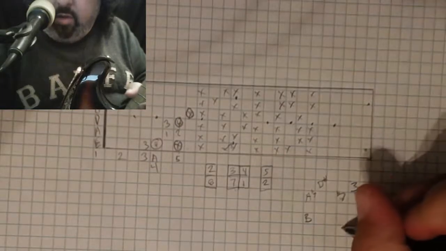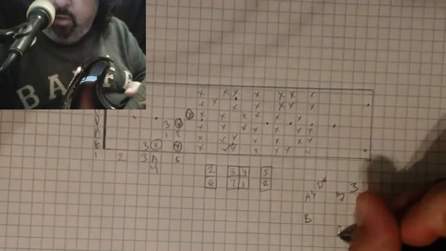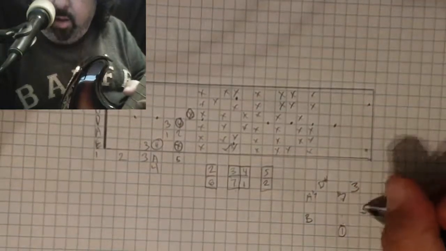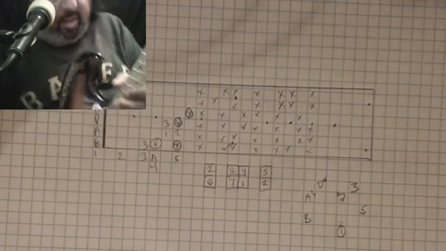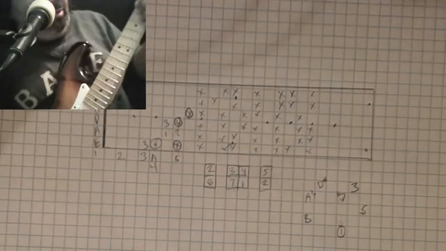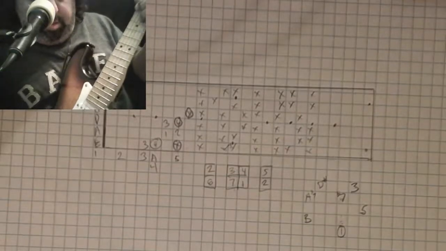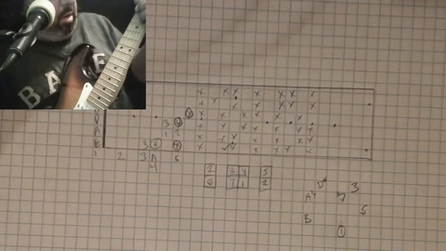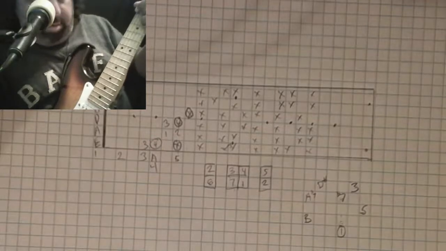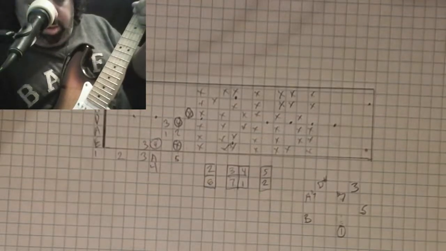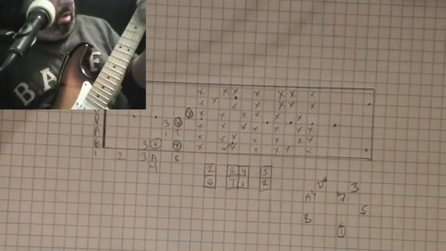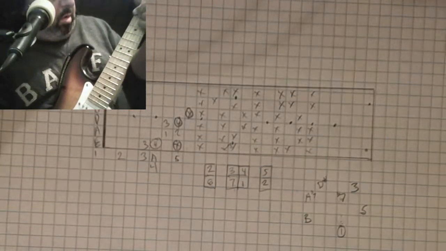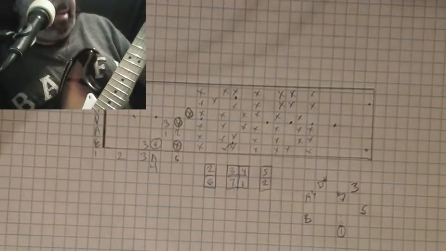We've got to consider that our root is up here and we're skipping a string. If we made our root here, we'd be playing a minor flat 7th. It's like the difference between this, right? There's our dominant 7th.